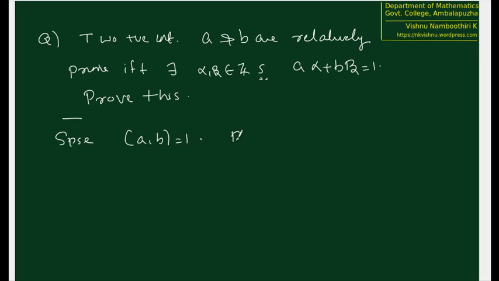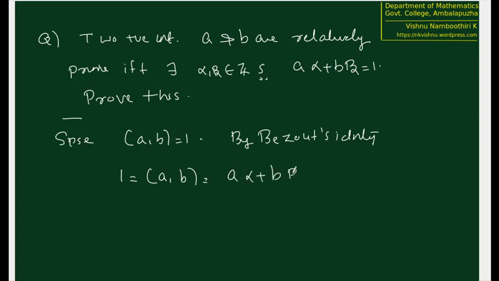Bezout identity says that GCD can be expressed as a linear combination of A and B. So 1 equal to GCD of A, B equal to a linear combination of A and B. There exist alpha, beta in Z such that 1 equal to GCD of A, B is equal to A alpha plus B beta.